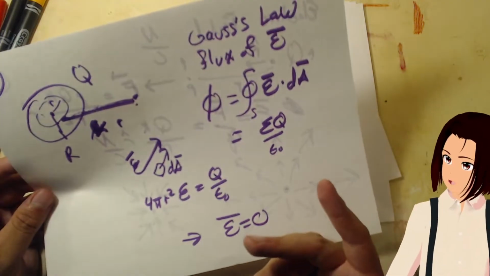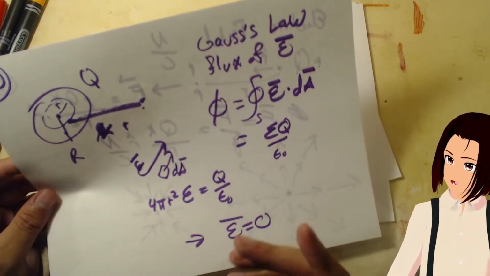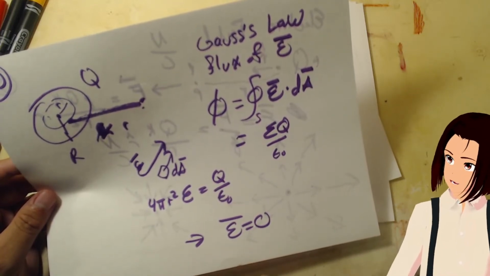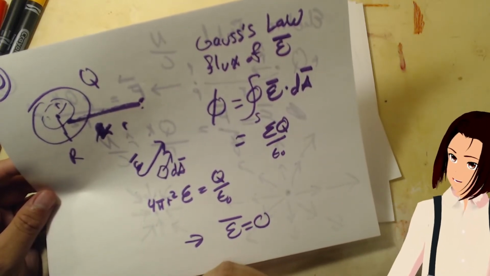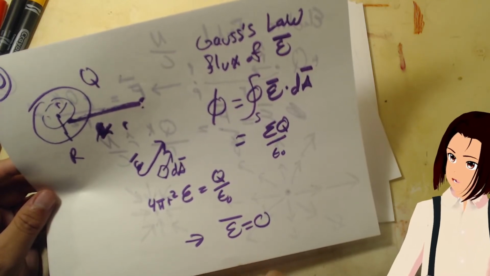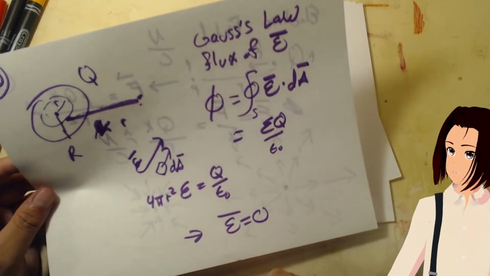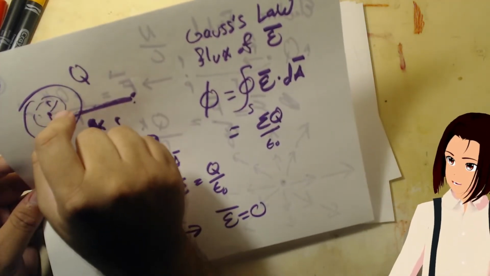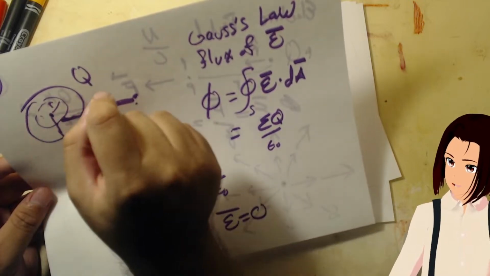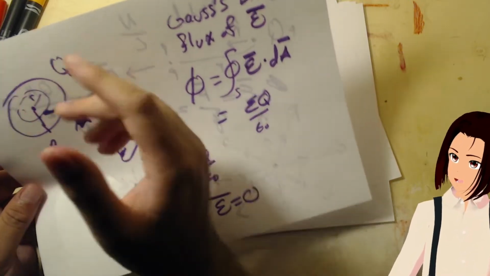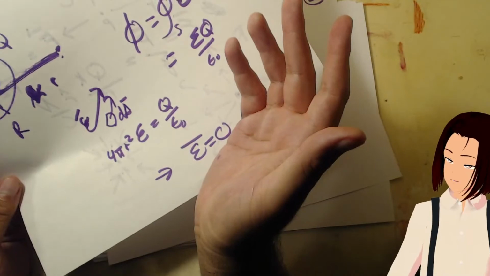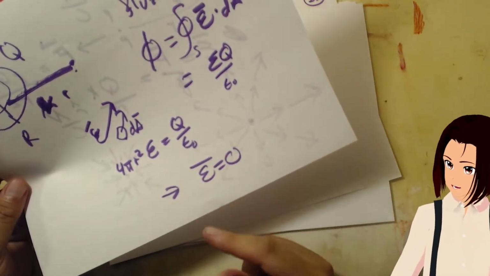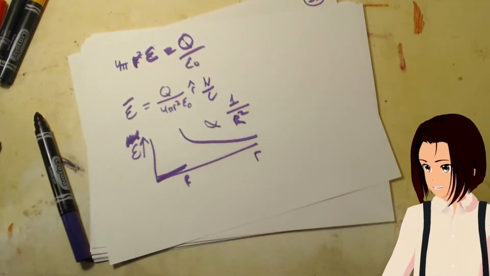The reason it's 0 inside is that all the charges contribute to the electric field inside, and they contribute equally, so it cancels to 0. So in theory, if I had a positive charge inside there and moved it around, I wouldn't be doing any work. No work, because the electric field's 0. And actually, let me show you.